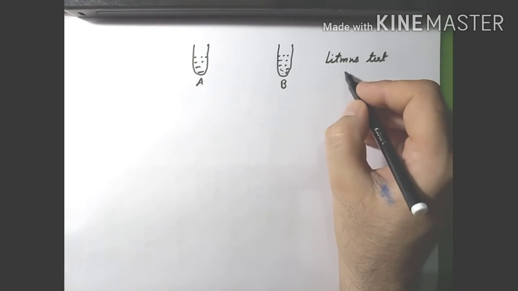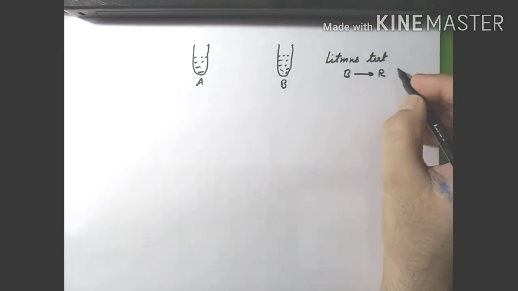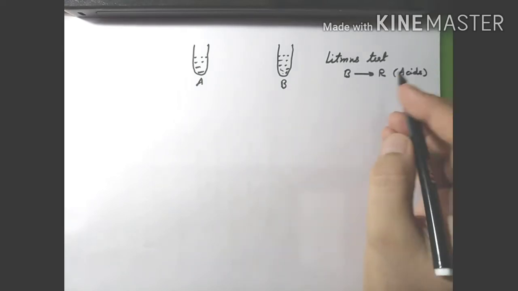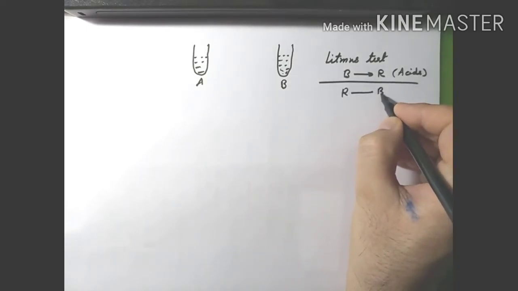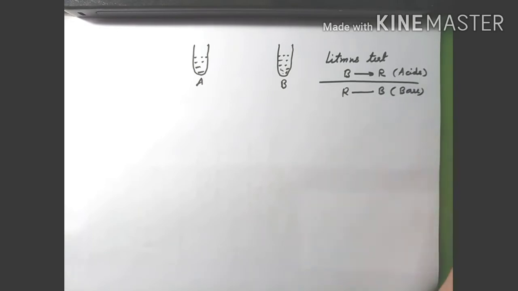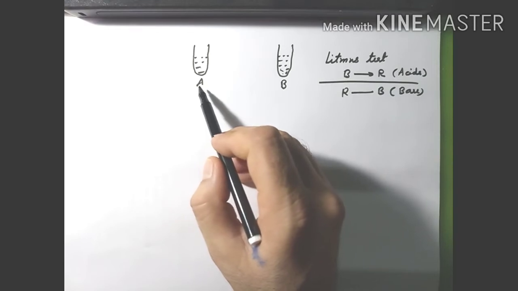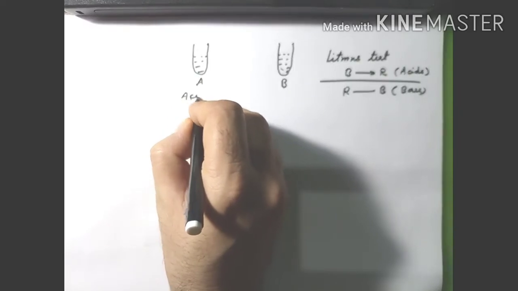Any solution which turns blue litmus to red is called an acid. And those solutions which turn red litmus to blue are called bases. Suppose solution A turns blue litmus to red, it means the solution is acidic.